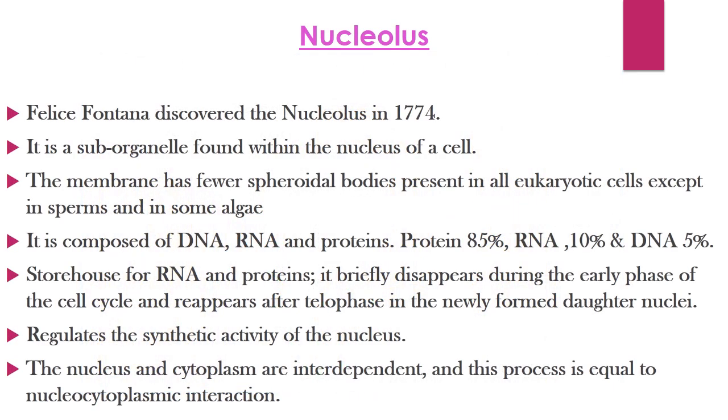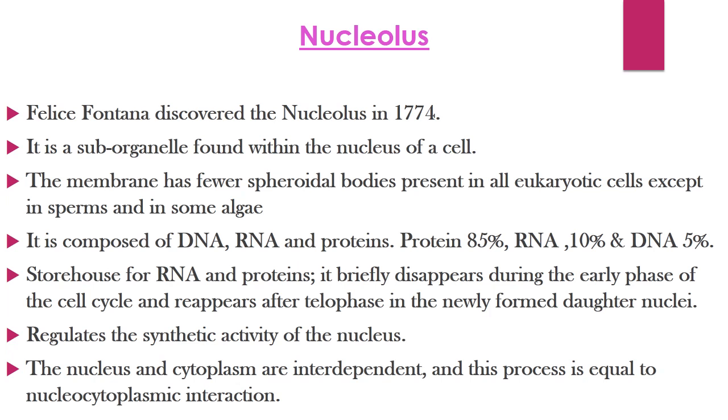The nucleolus. Felix Fontana discovered the nucleolus in 1774. It is a suborganelle found within the nucleus of a cell. It has no membrane and is a spheroidal body present in all eukaryotic cells except in sperms and some algae.